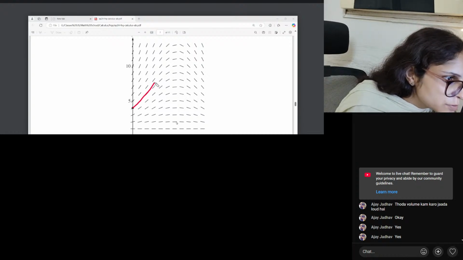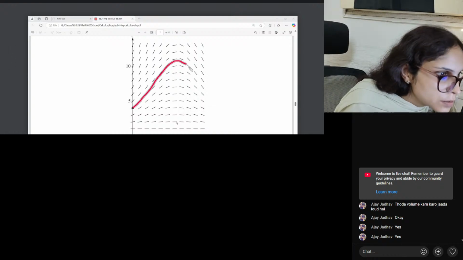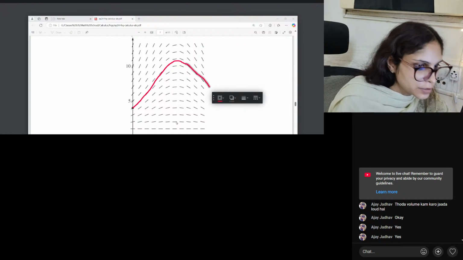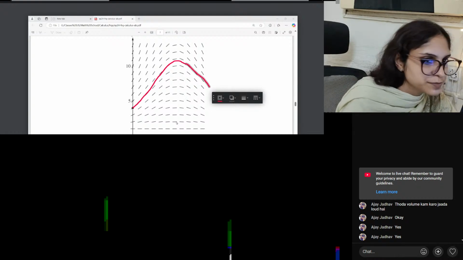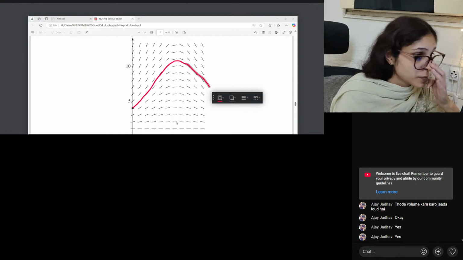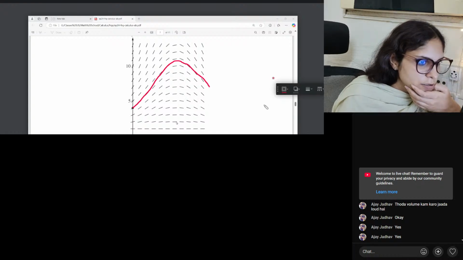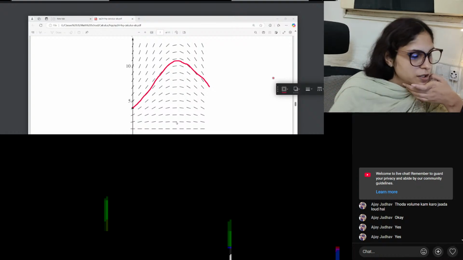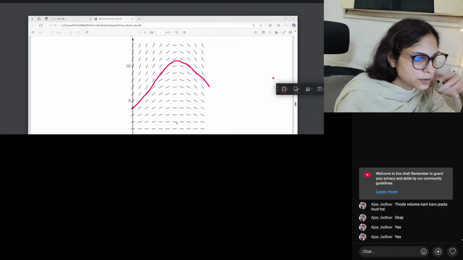We're going like this, like this, like this, and then we go like this. So this is how it will look. Got it? So this is the answer for the question. This is the slope line, so it looks something like that. You just have to connect through all the dots.